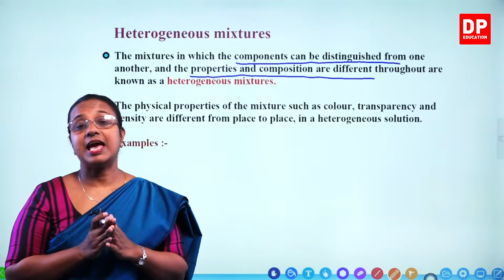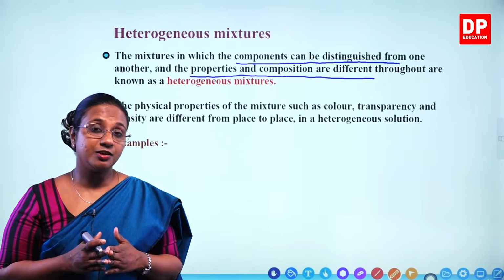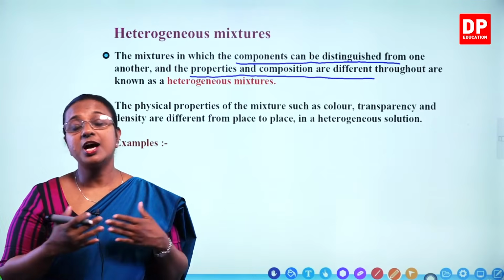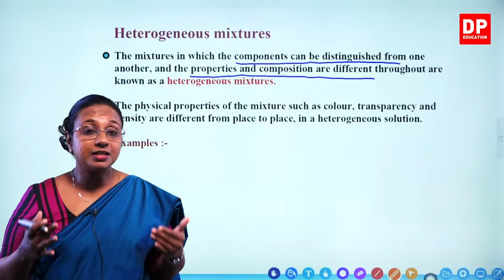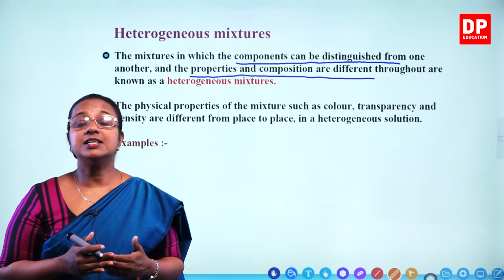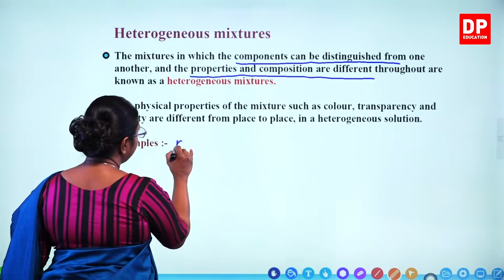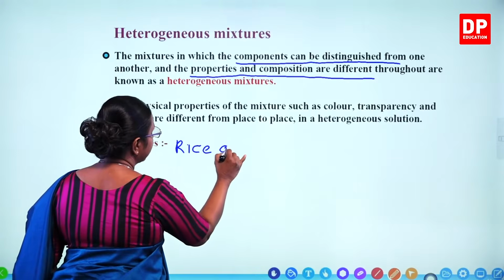But still we can separate them by a physical separation method. So that is a mixture where you can identify the components separately. Therefore it's a heterogeneous mixture. So the example here is the rice and sand mixture.